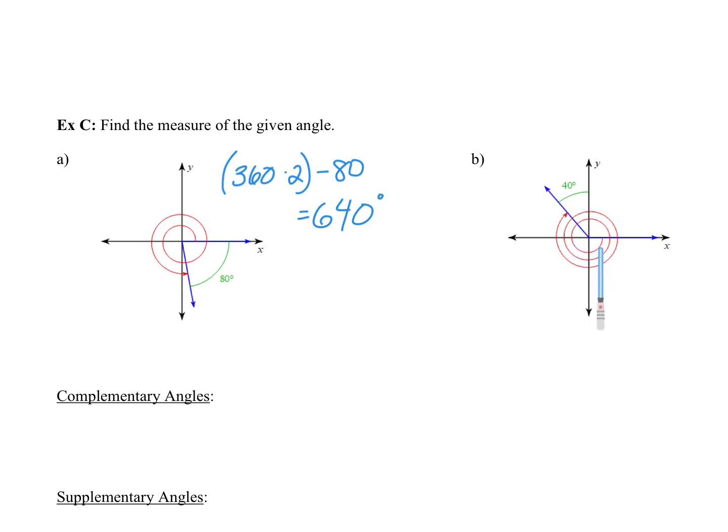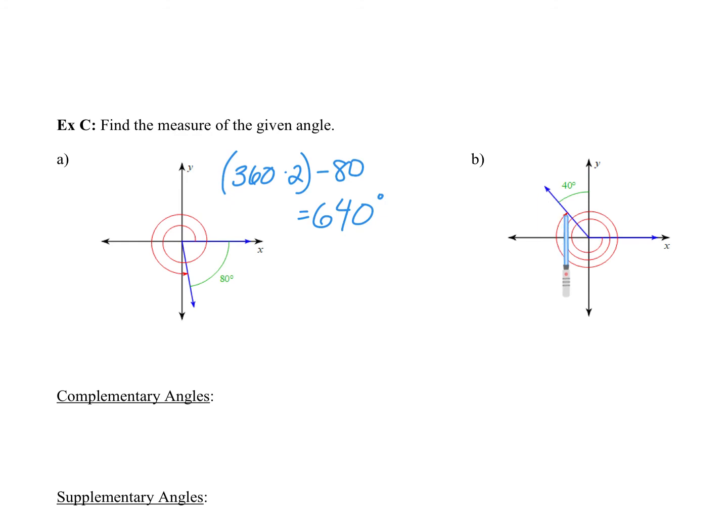Okay, so for this one, we're going clockwise, so we're going to have a negative angle, right? So we're going to go around once, twice, then I go another 180, and then how much more do I go after that 180? Oh, you did do it right. Just a 50, right?